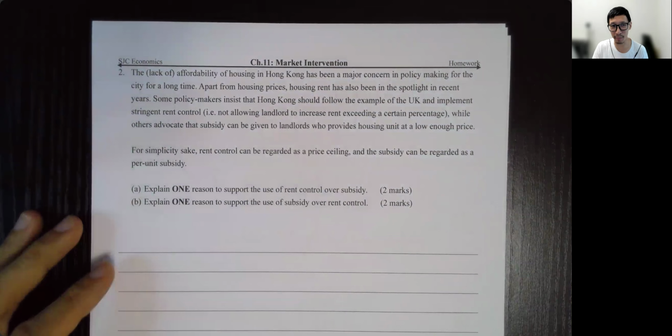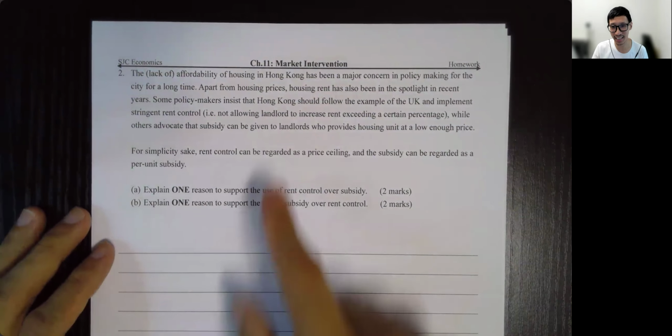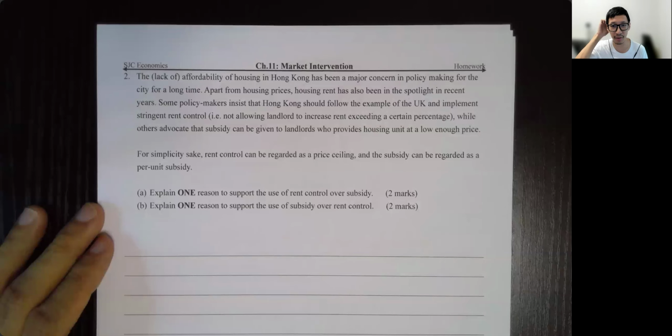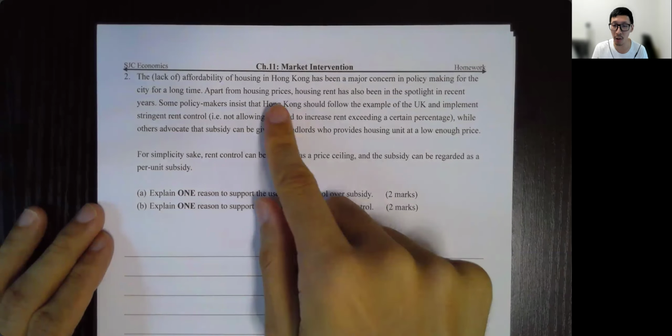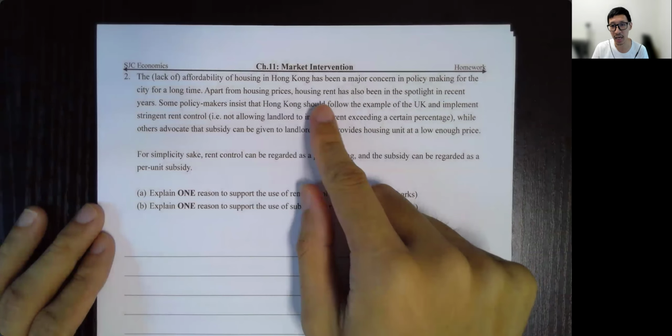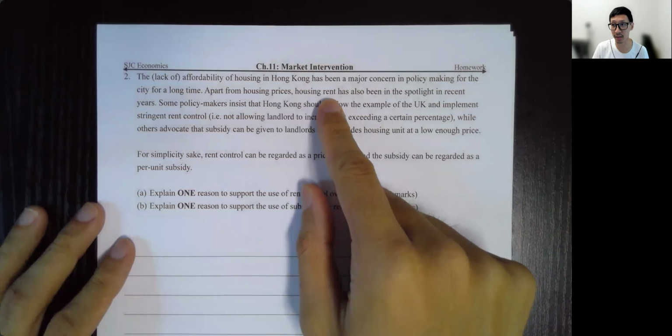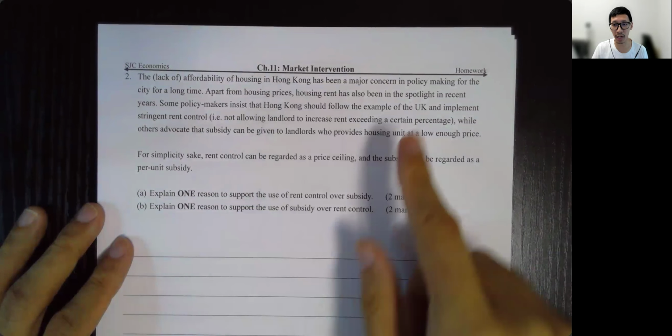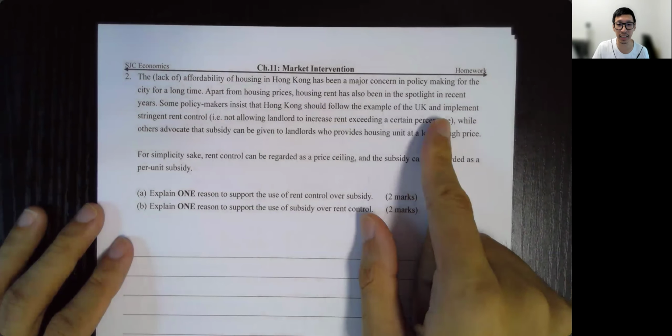係咪？大家知道香港買樓好折墮啊，係咪啊？ Okay, here has been a major concern in policy making for the city in a very long time. Okay, now apart from housing prices, housing rents, 唔係淨係買個價貴啊，租金都貴啊 has also been in the spotlight in recent years, right?